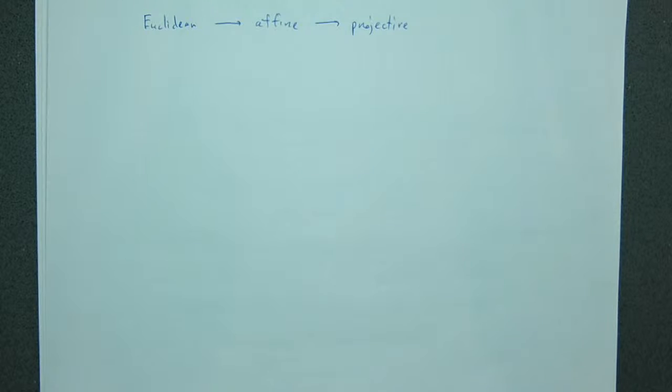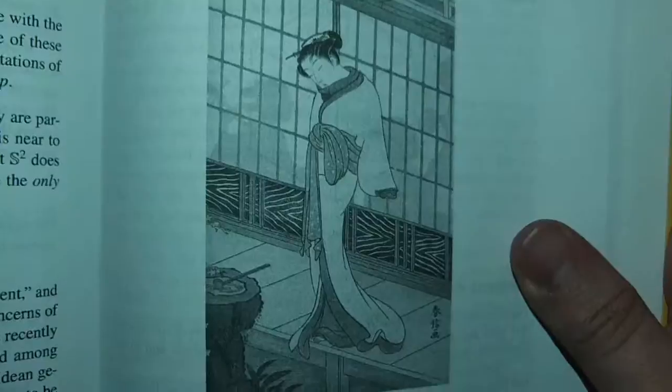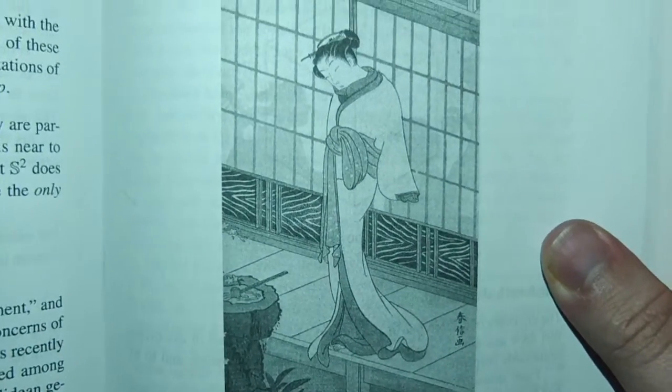So an example of that, what I said previously, was that affine geometry is typically described as if you forgot where the origin was. There's no specialness of the origin. Okay, there's no special point. If you're thinking about it as viewing an image, you're viewing the image from a projection at infinity. So an example of this is in artwork coming from East Asia. This is a Japanese painting from the 1700s.